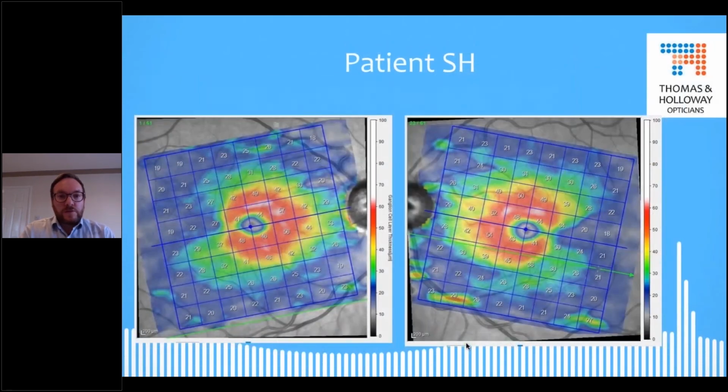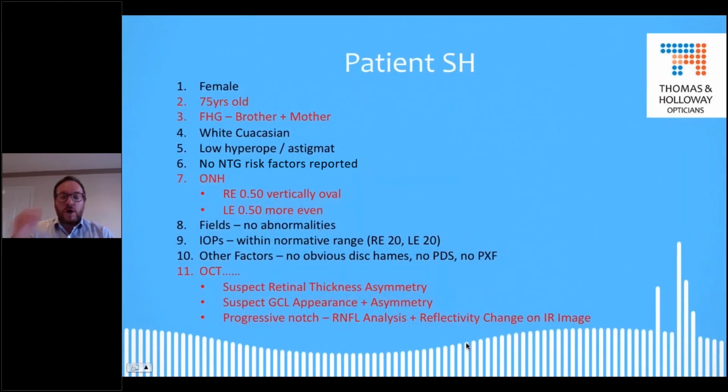So if we then look back at the patient as an overall, what I've tried to do here is go back to the history and symptoms and flag everything that now becomes suspicious in red. So we've got somebody 75 years old, so they're in that sort of 10% over that age or around that age having glaucoma. She's got family history of glaucoma, and it's quite a strong family history, particularly with having a sibling. Yes, there's some asymmetry in the optic nerve, nothing drastic when you look in with a volk.